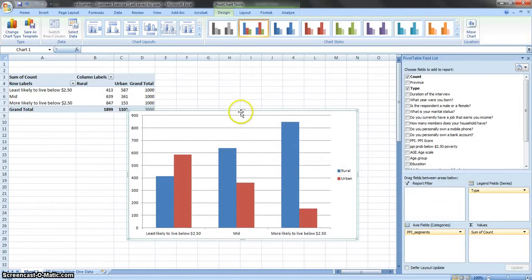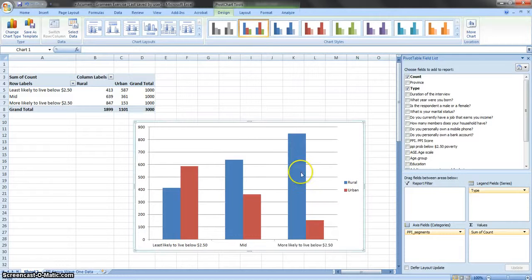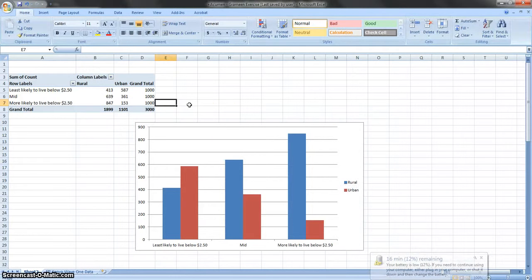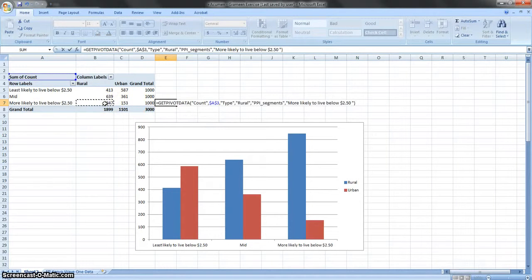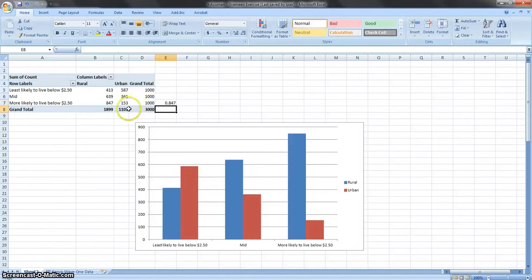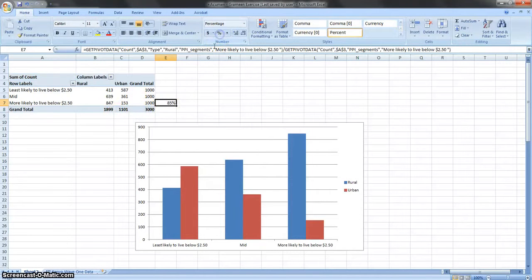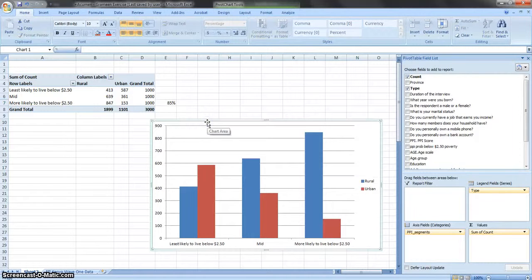And we're going to see the distribution of rural and urban populations in each of the segments. If you want to understand the percentage of respondents who live in rural areas in each of the segments, you just need to take this and then divide it by your total population in each of the segments, and you could see that you have 85% of the more likely to live below the 250 line are actually living in rural areas.